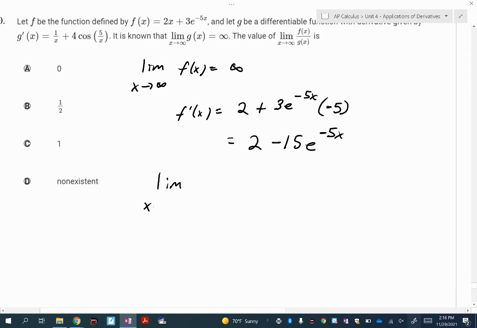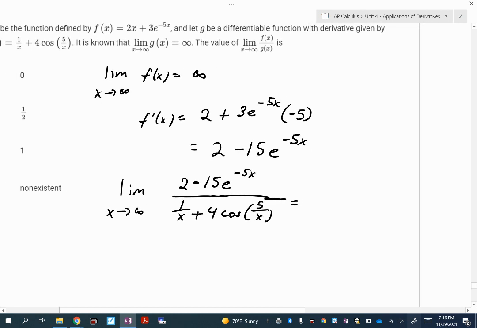So the limit as x approaches infinity of 2 minus 15 times e to the negative 5x over 1 over x plus 4 times the cosine of 5 over x. Now watch what happens when you do this. We just proved that if you raise e to a negative number like 5,000, that's going to essentially be 0. So 2 minus 0 is going to be 2.